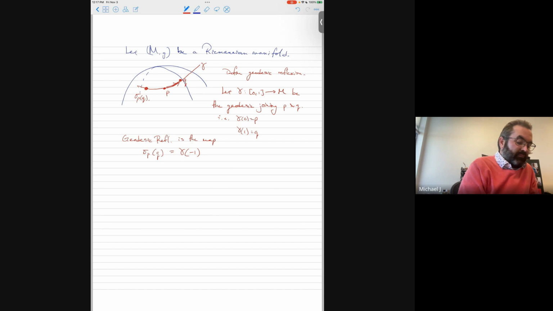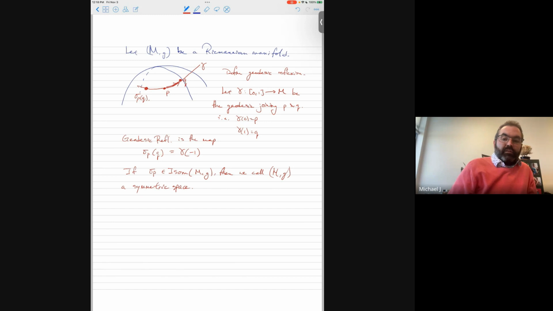And then here we go. If sigma_P is in the isometry group, then we call (M, g) a symmetric space, if this is true for all points P in the manifold.